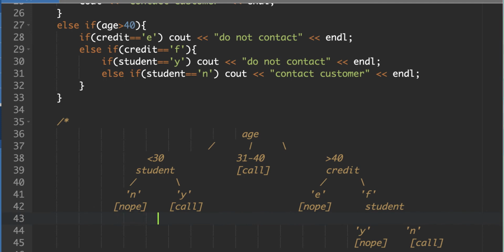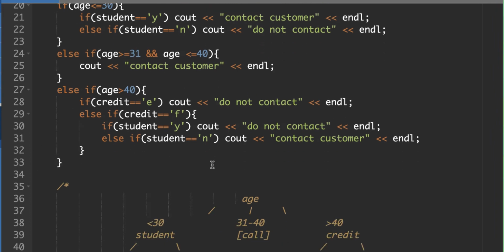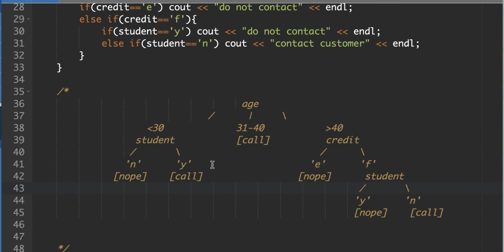The problem is this is how we usually represent a tree, with branches coming from the top to bottom. But in C++, it's a little bit more difficult because you kind of have to imagine, maybe while you're watching the video, turn your head on its side and you can kind of visualize this as being the top and then these being the branches that are coming out of it.